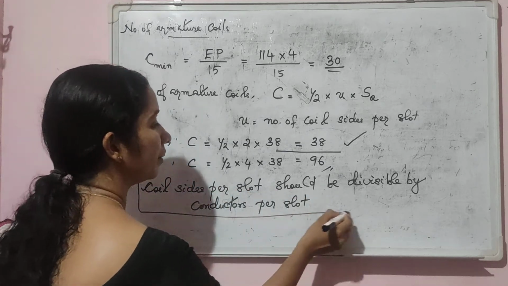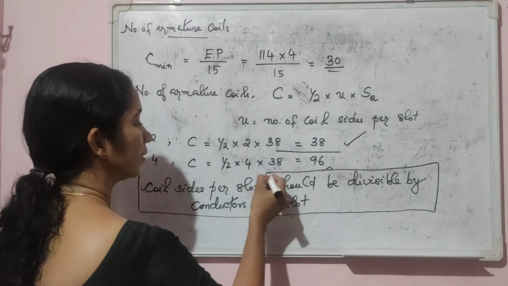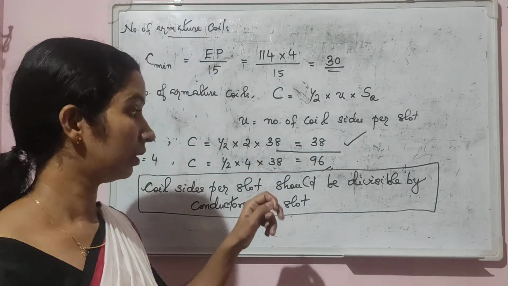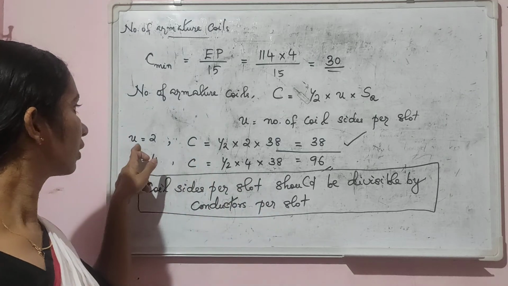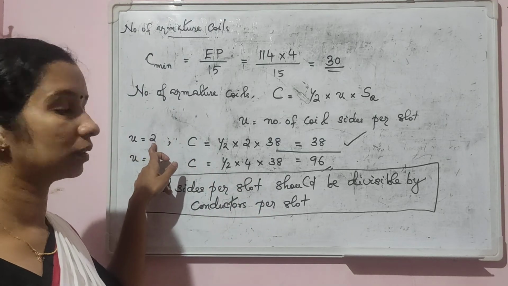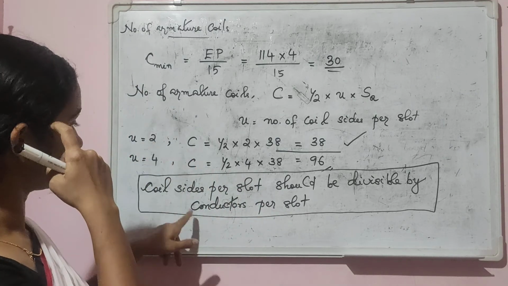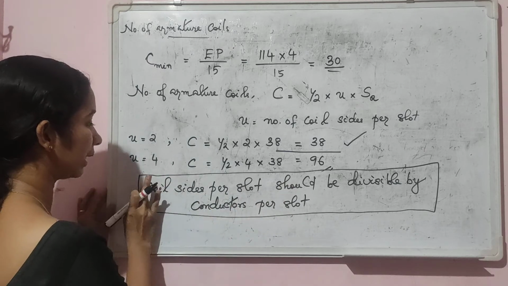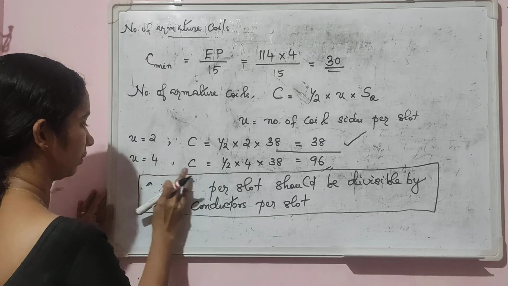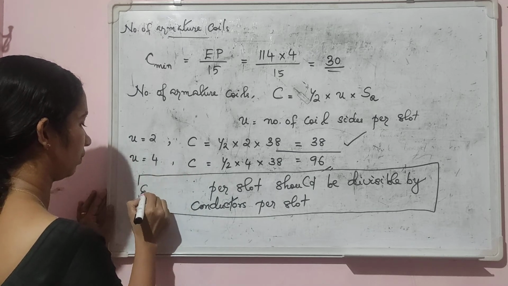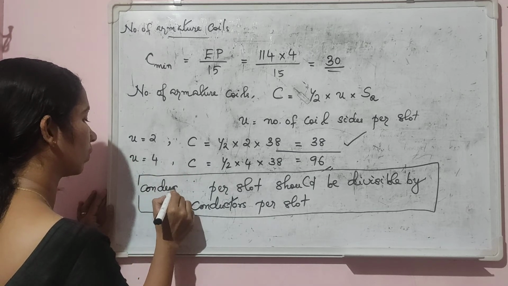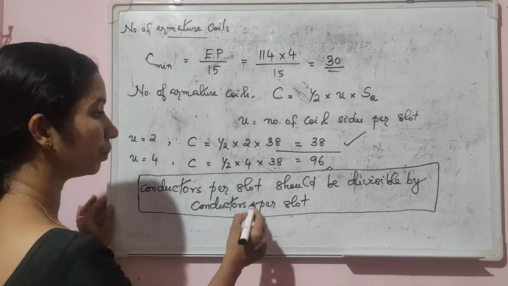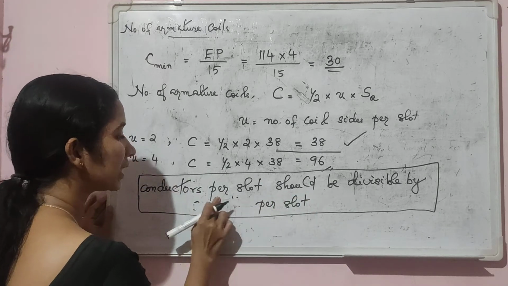This is very important. Required minimum value ആയോ എന്ന് മാത്രം നോക്കിയാൽ പോരാ നമുക്ക്. In addition to that, the coil sides per slot, coil sides per slot അല്ല, conductors per slot. Conductors per slot should be divisible by coil sides per slot.